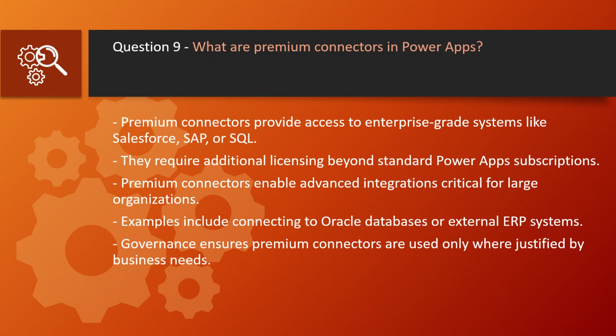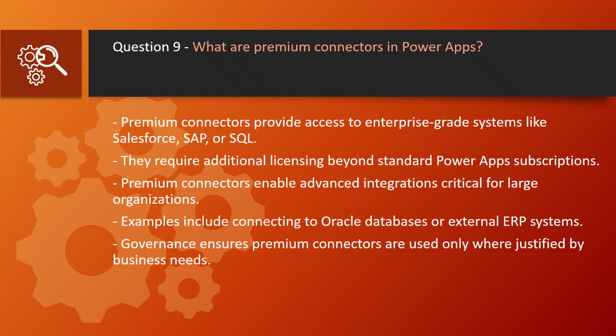What are the premium connectors in Power Apps? Premium connectors basically provide access to enterprise-grade systems. For example, premium connectors are Salesforce, SAP, or SQL. They require additional licensing beyond the standard Power Apps subscription.